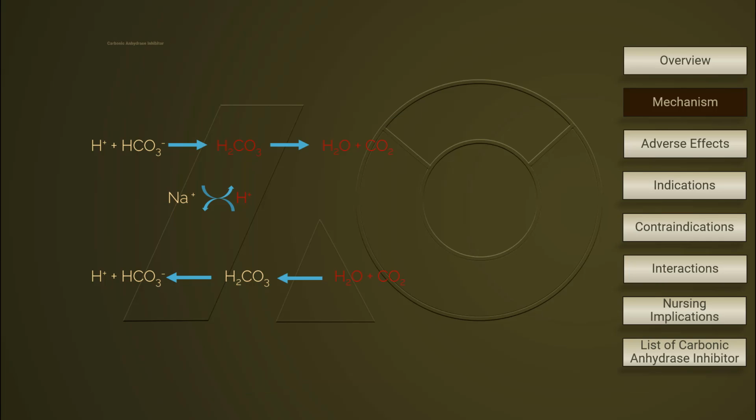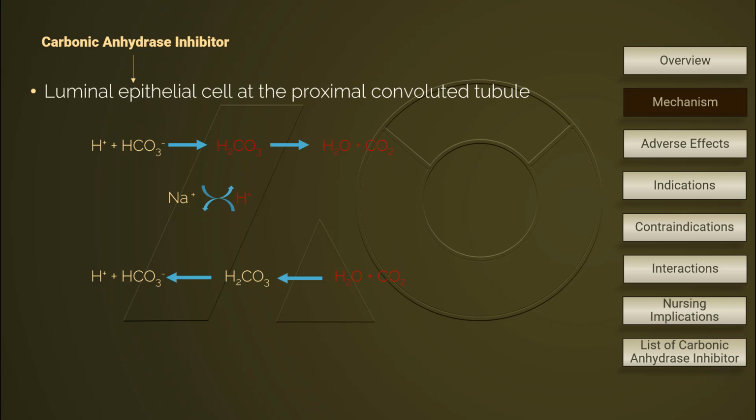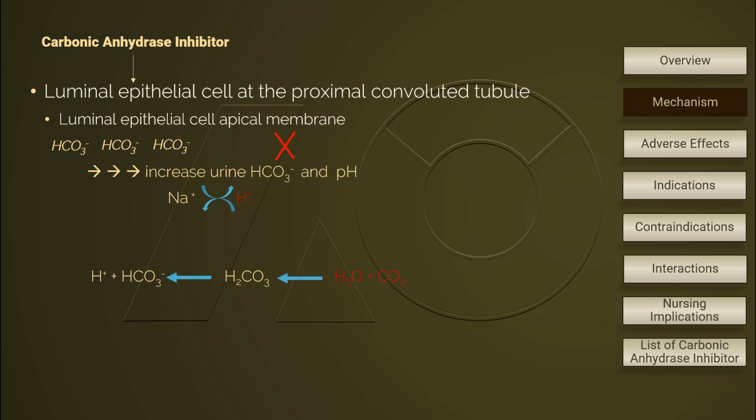The diuretic effect of carbonic anhydrase inhibitors takes effect at the luminal epithelial cell at the proximal convoluted tubule. At the luminal cell's apical membrane, these diuretics stop the conversion of bicarbonate to carbon dioxide, which increases the pH level of the urine. They also decrease the exchange of sodium and hydrogen, leading to increased sodium in the urine and mild diuresis.